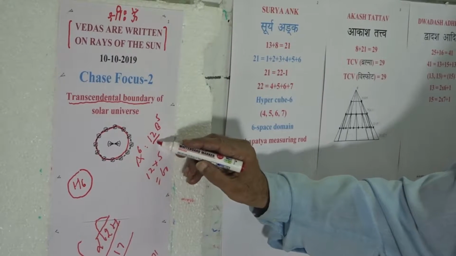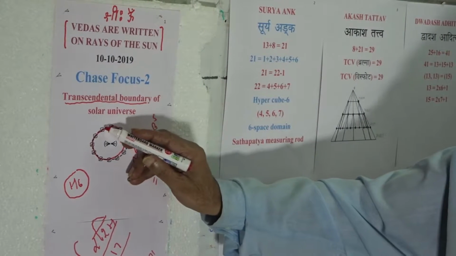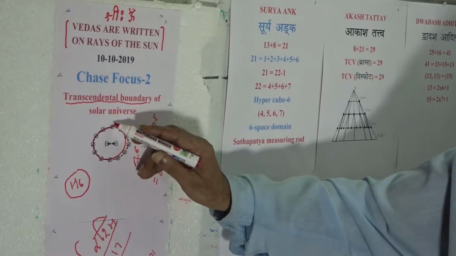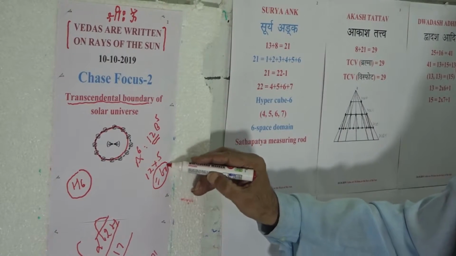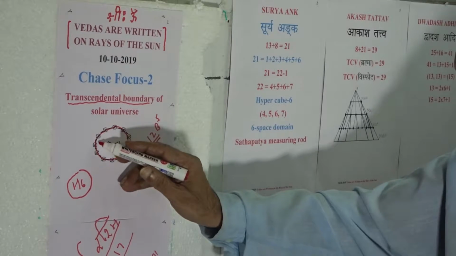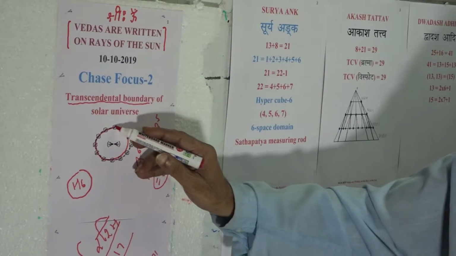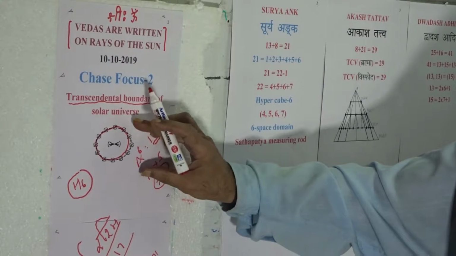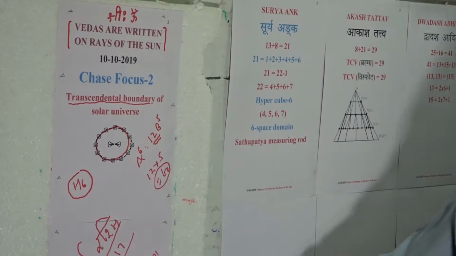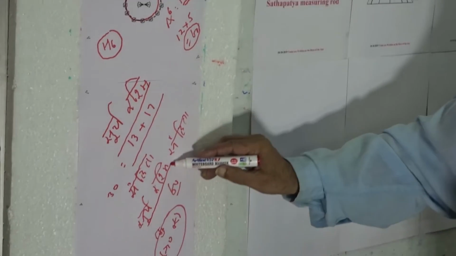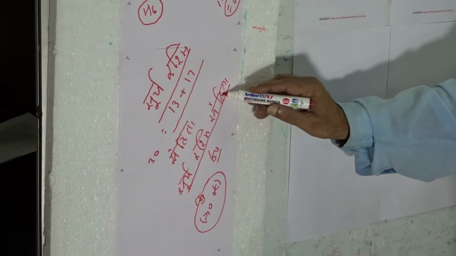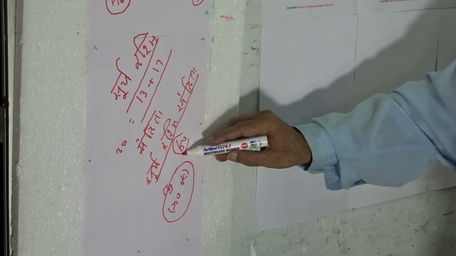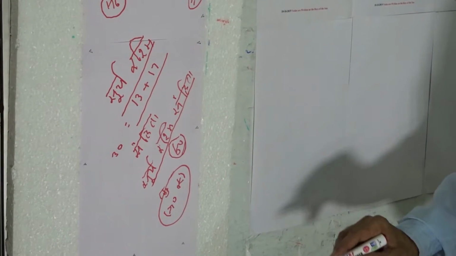These 12 components are of 5 space setup, therefore it leads to value 60 as the coordination for the transcendental boundary. This value is equal to Surya Rashmi Sahita. Surya Rashmi Sahita is of TCV value 60.